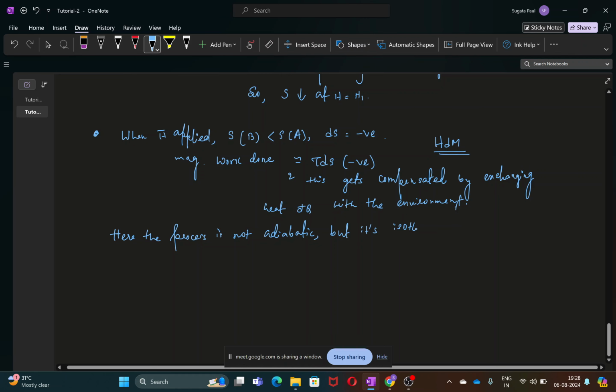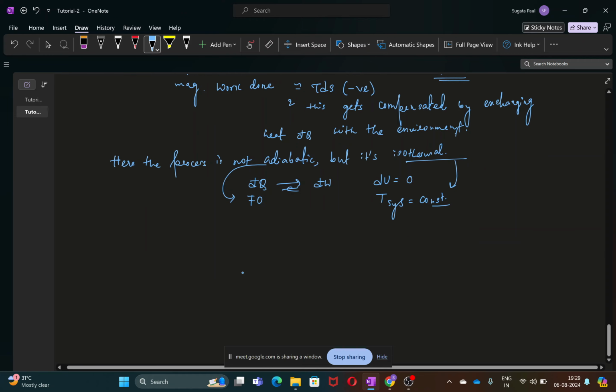Why isothermal? Isothermal means the temperature is unchanged. Isothermal because if your dQ compensates your dW, then you have no change in internal energy of the system itself, so dU equal to 0. And if the system internal energy is the same, then the temperature of the system is constant, so it has no change. So that means it is an isothermal process, and not adiabatic, because dQ is not equal to 0, heat is allowed to be exchanged.